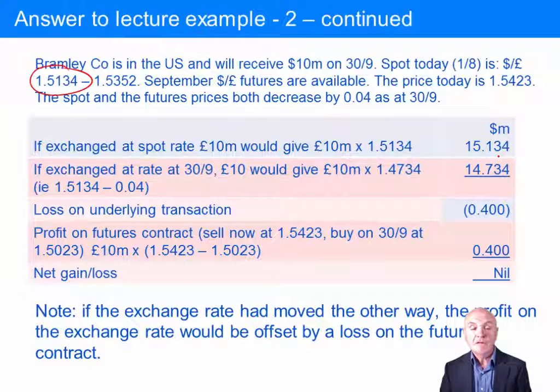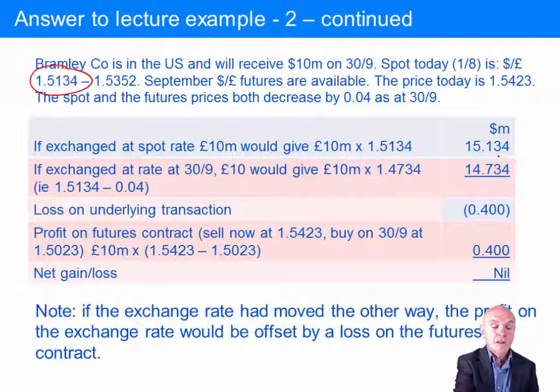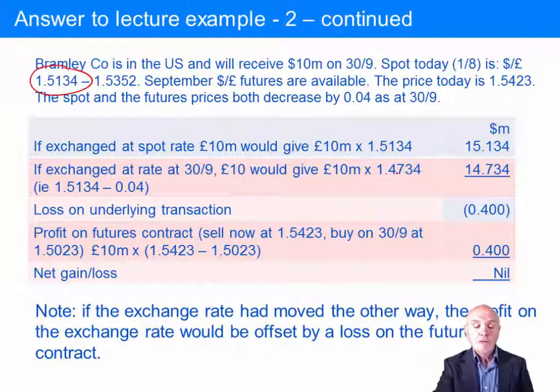So the decrease here means we're going to be getting fewer dollars to a pound. So the new rate is going to be this one here. So this is only going to give us 10 times 1.4734, the spot rate less the decline. This is really our downside transaction risk, losing 400,000.